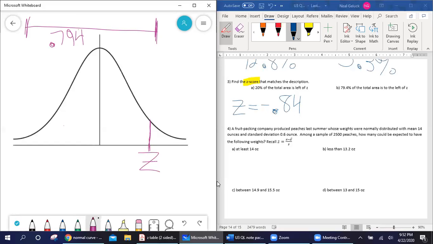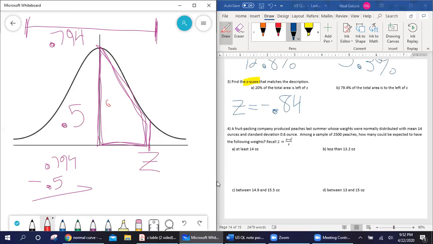Well, we know that over here is half. So I'm going to figure out what this chunk is. And the way I'll do that is I'll take the whole thing, 0.794 minus 0.5. That'll give me 0.294. That's the area that I'm looking for.